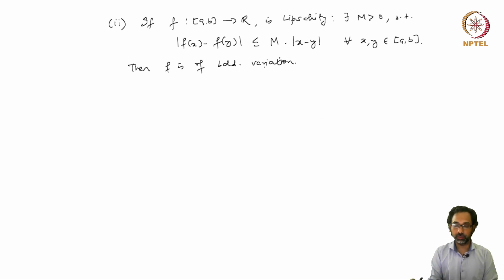And again one can use a similar argument that we used in the first example and use a telescopic sum to prove this, and I leave it as an exercise to show that this is of bounded variation.